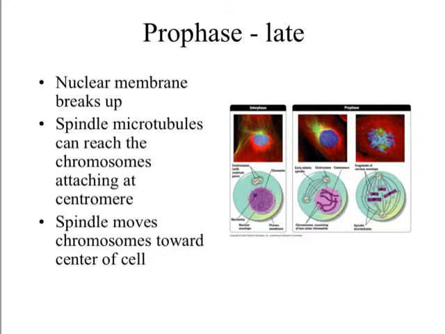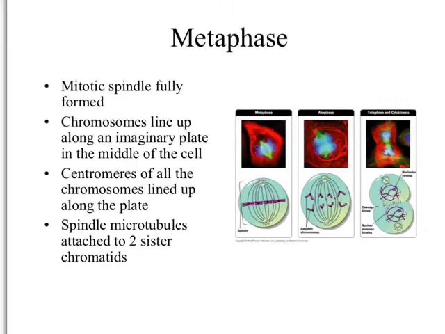And the spindles are going to start moving towards the opposite sides of the cell, because we need one spindle on one side and the other spindle on the other so that they can pull those sister chromatids apart into 2 different daughter cells.